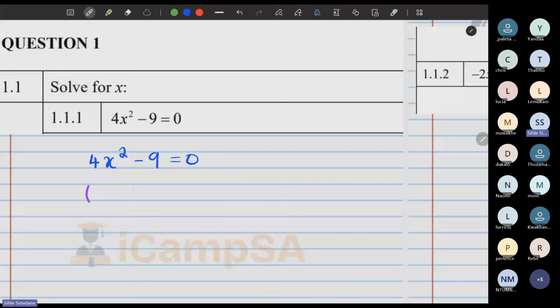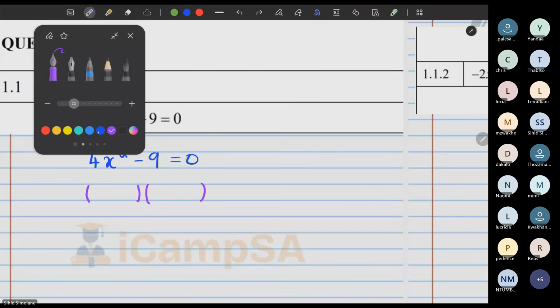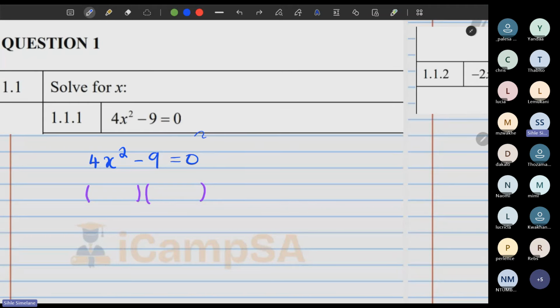So let's think carefully. If we look at the last number, we have a 9, and we don't have a middle number. So what we are working with here is a perfect square. We learned about something called a perfect square, and that is what we have here.